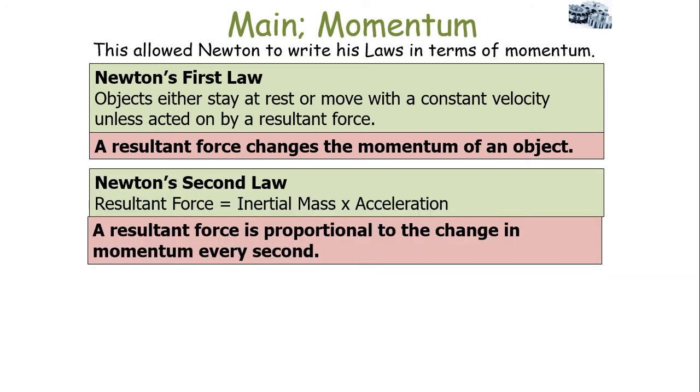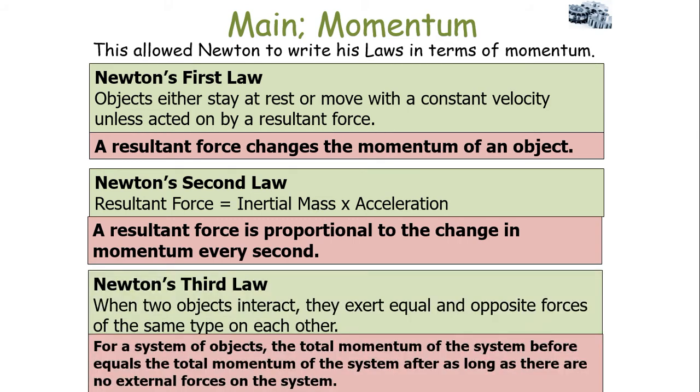Newton's second law, resultant force equals inertial mass times acceleration, can also be written as a resultant force is proportional to the change in momentum every second. And Newton's third law, which is when two objects interact, they exert equal and opposite forces of the same type on each other, can also be stated as, for a system of objects, the total momentum of the system before equals the total momentum of the system after, as long as there are no external forces on the system.